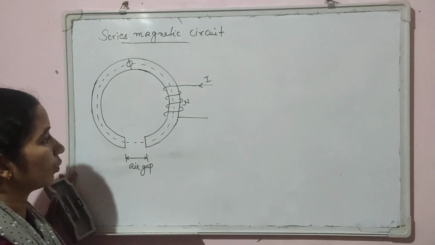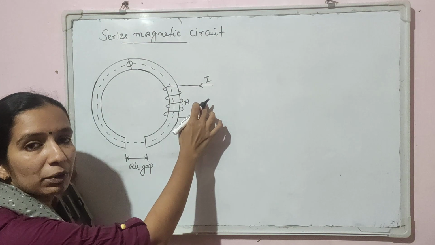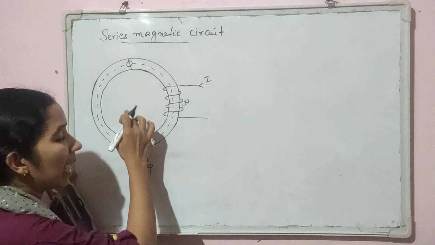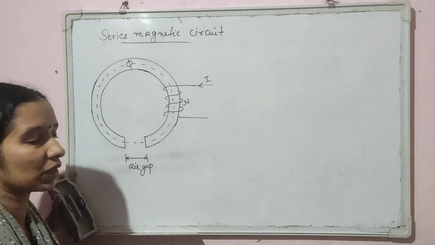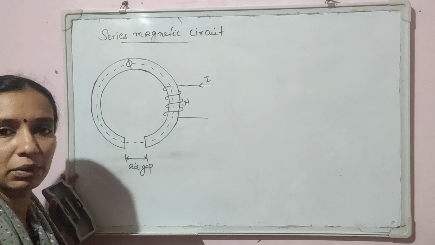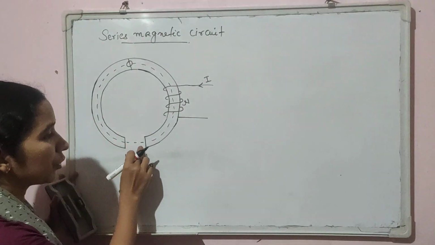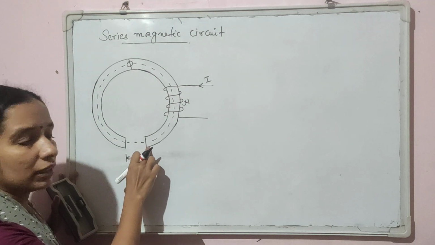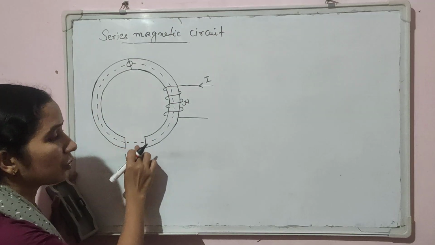So the total MMF, that is N into I, is used up partly in the iron path and partly in the air path for setting up the flux. When we introduce an air gap into this iron ring, the flux travels through both the iron path and the air path.